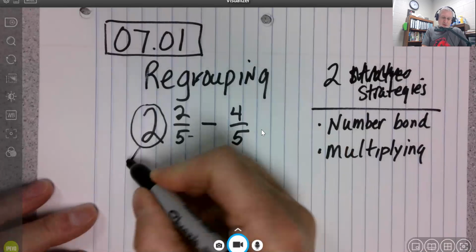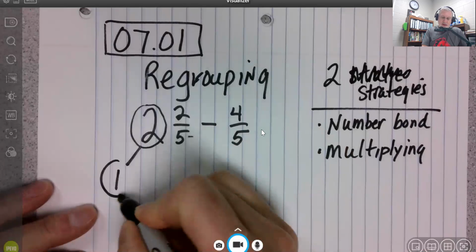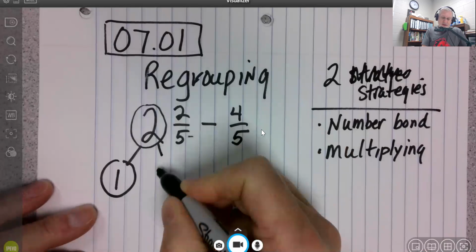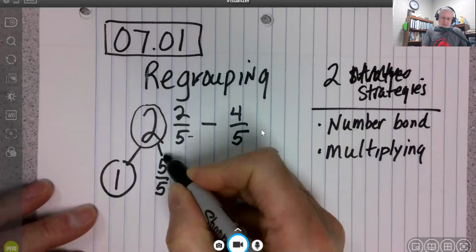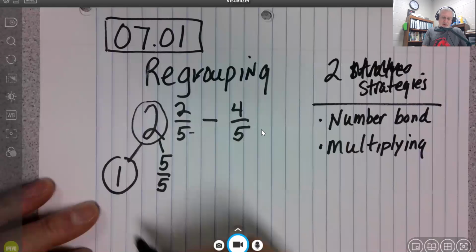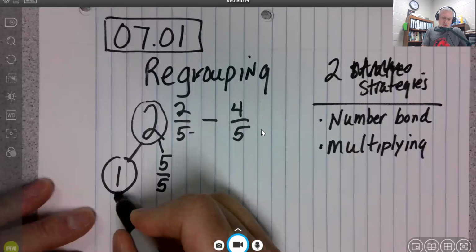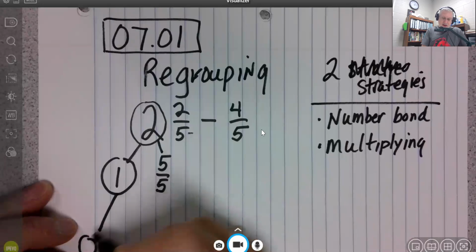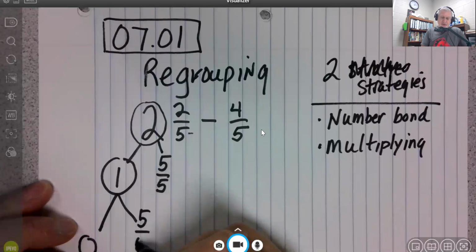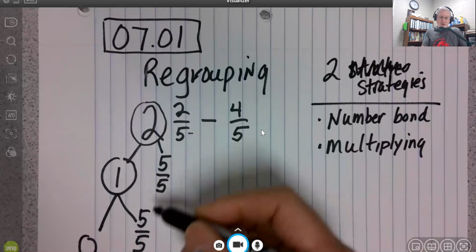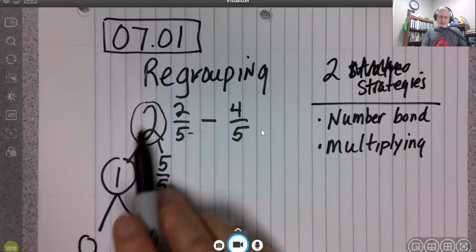And I'm going to take 1 whole away, and then I'm going to have 5 fifths is my second whole. And I want to get rid of that last whole, so I have 0, and I'm going to add another 5 fifths because 5 fifths equals 1 whole. All right, and I have 2 wholes.